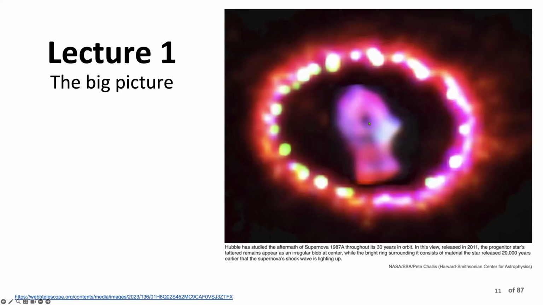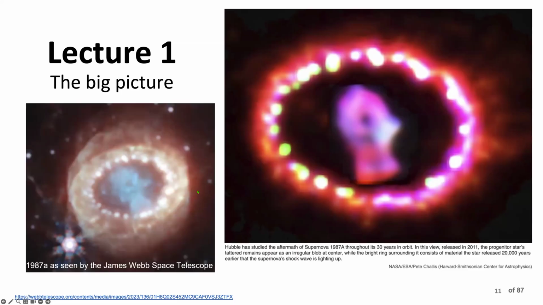This is the result of the explosion of a massive star that occurred here, and an outward flow of highly energetic particles and light that interact with the cloud of gas and dust that existed around this star before it exploded. And we now have this much more detailed picture of the same area. This comes from James Webb. This picture was taken in the last 3 years.